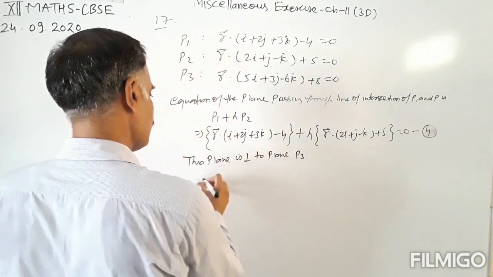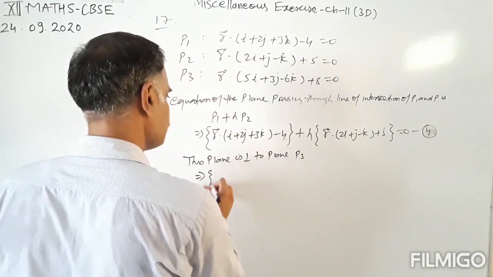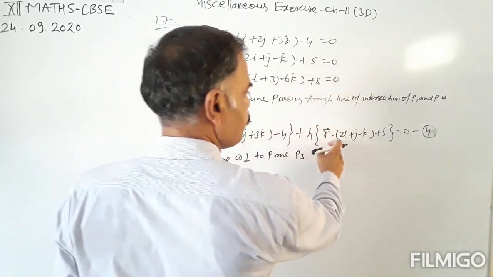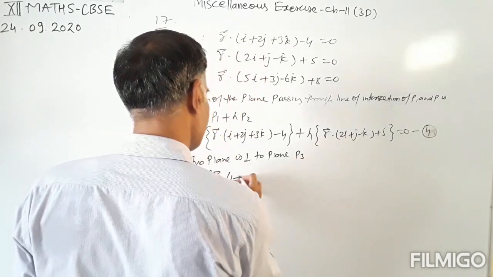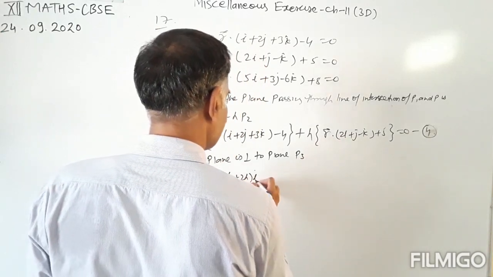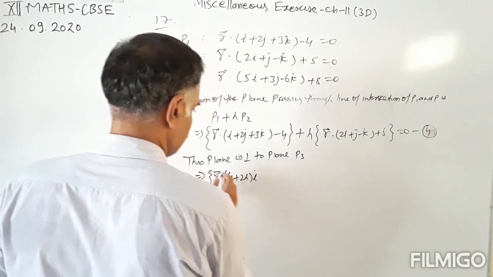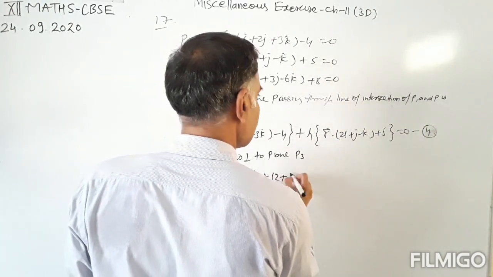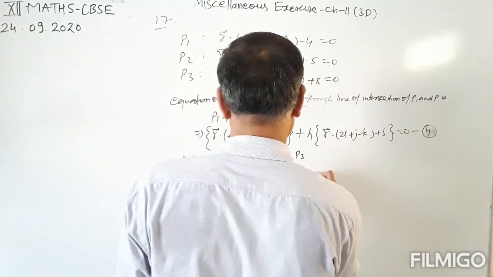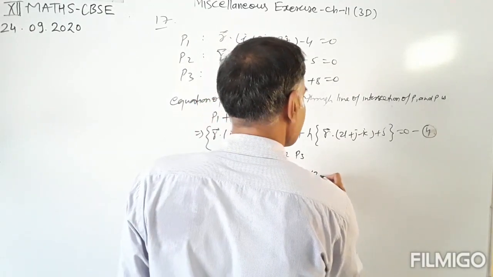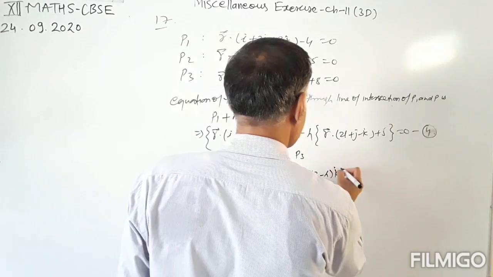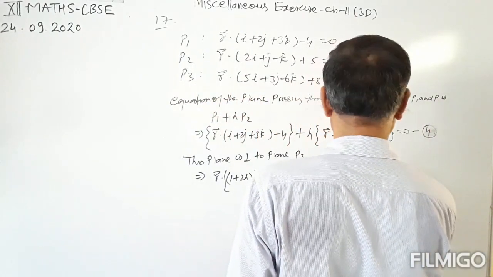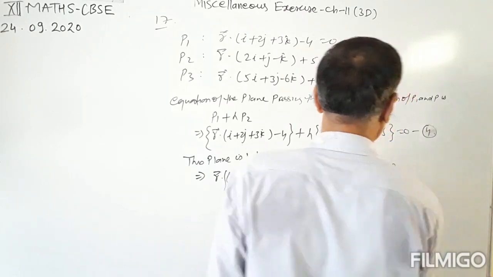So first of all write down r vector dot (1 plus 2 lambda) i cap plus (2 plus lambda) j cap plus (3 minus lambda) k cap, and minus 4 plus 5 lambda equals 0.